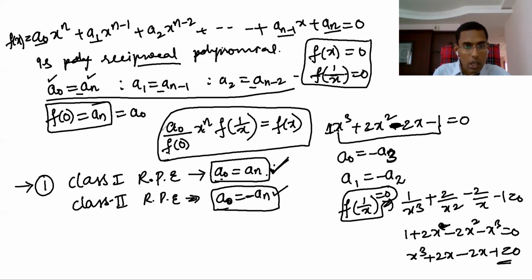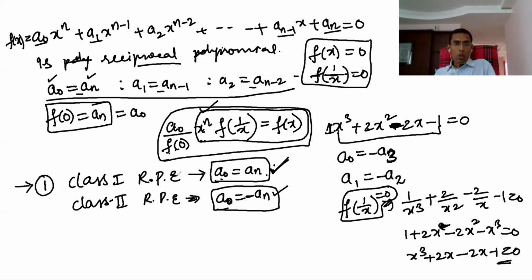That is the reason I wrote a naught by f of 0 into x to the power of n into f of 1 by x equal to f of x. Otherwise, x to the power of n into f of 1 by x only gives f of x. For class 1, this much is enough. For class 2, this is required, because here this may be plus 1 or minus 1.